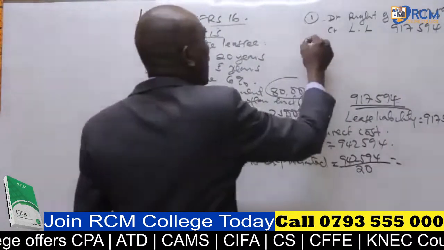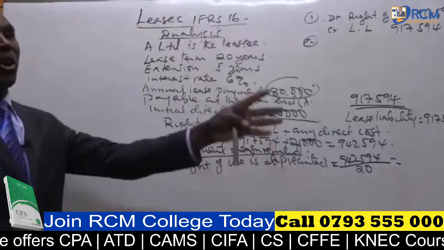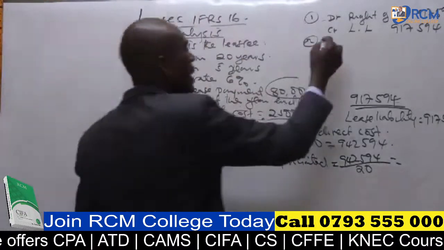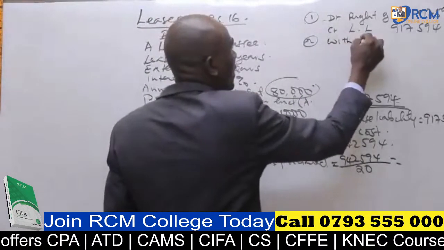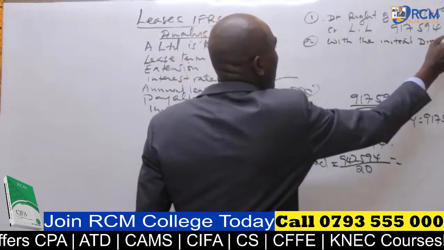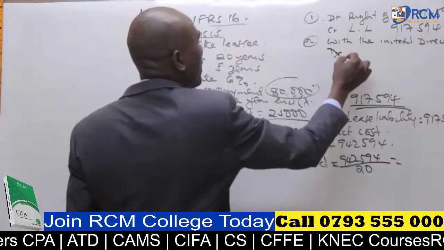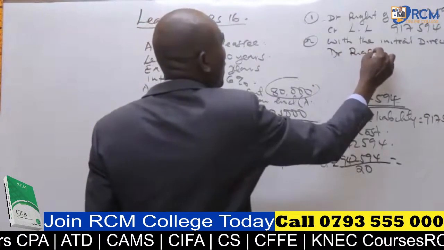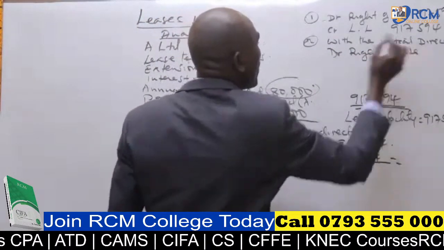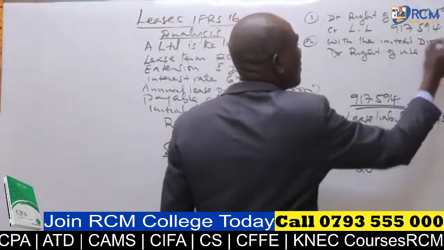Then number two, I have the initial direct cost. With the initial direct cost, what am I going to do? I'm going to debit the right of use, which means I will increase the right of use with 25,000.